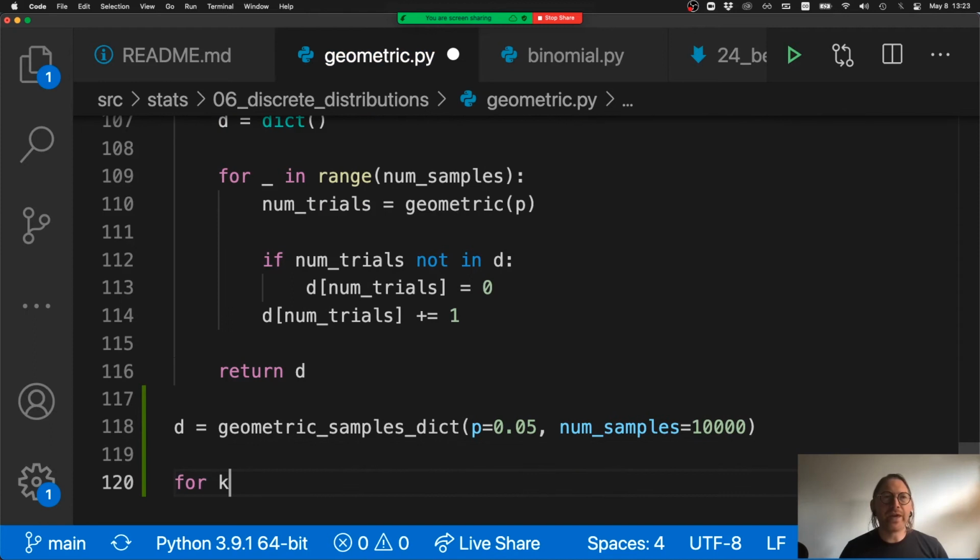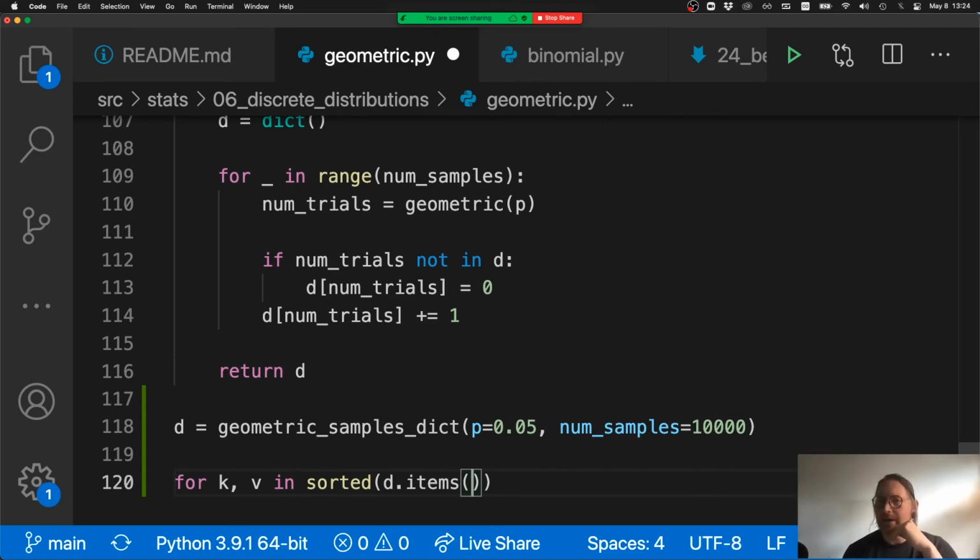And I'm going to say for key value in the sorted version of this. Now, why am I sorting this? Does anybody remember why I need to sort this? Any thought on that?